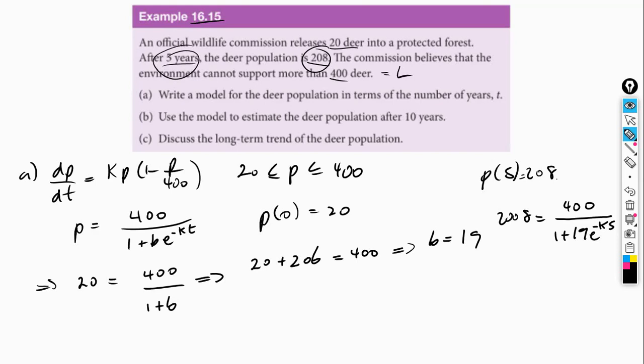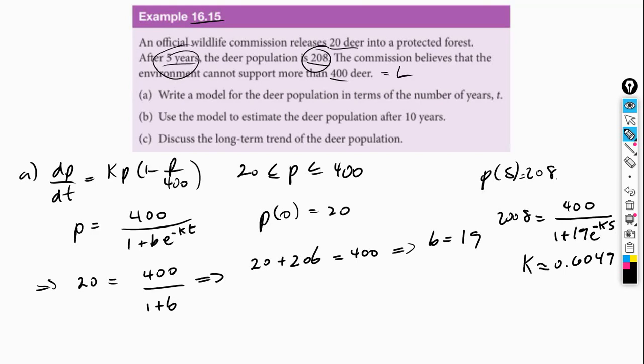And then if we solve for k, you're going to get that k is approximately 0.6049. We're going to carry one more decimal just for the sake of being as accurate as possible.